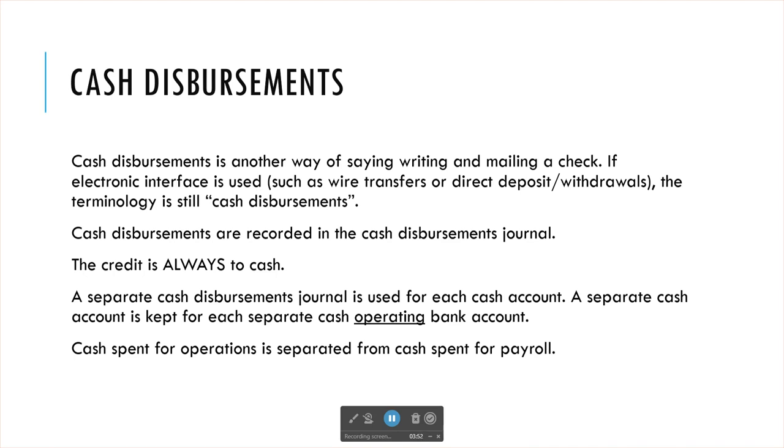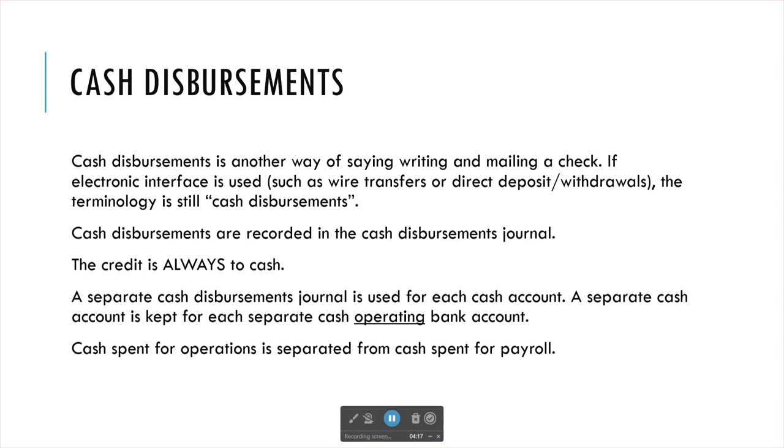Recording is done in the cash disbursements journal. When we receive cash in, it's in the cash receipts journal. So there's a corollary there. The credit is always to cash. If you have separate operating bank accounts, then you're going to have a separate cash disbursements journal.